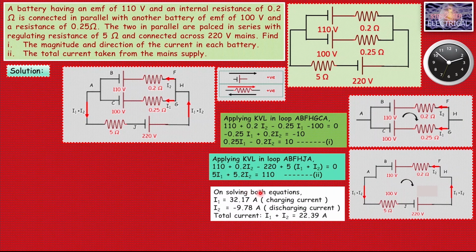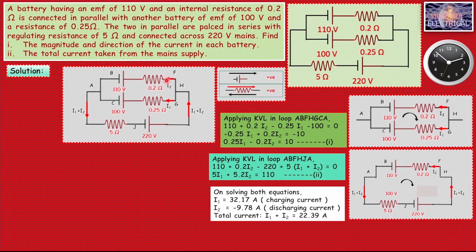On solving these two equations, we get I1 = 32.17 ampere and I2 = -9.78 ampere, and the total current I1 + I2 is 22.39 ampere. Here I1 is positive but I2 is negative.